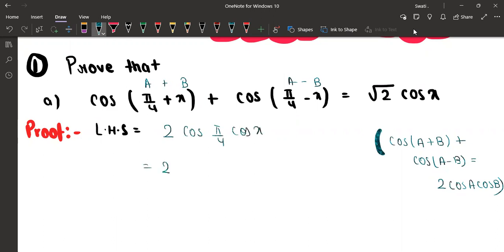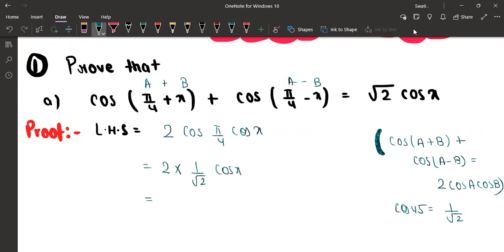Now twice of cos pi by 4: pi is 180, so 180 by 4 is actually 45. So it is cos 45, and we know that the value of cos 45 is 1 upon root 2. So this becomes 1 upon root 2, and cos x as it is.